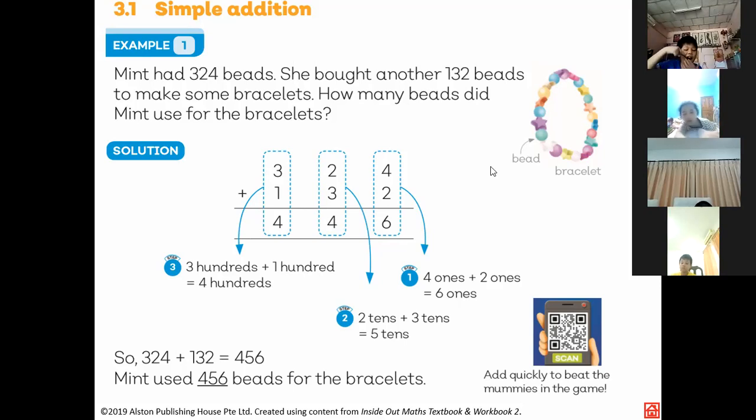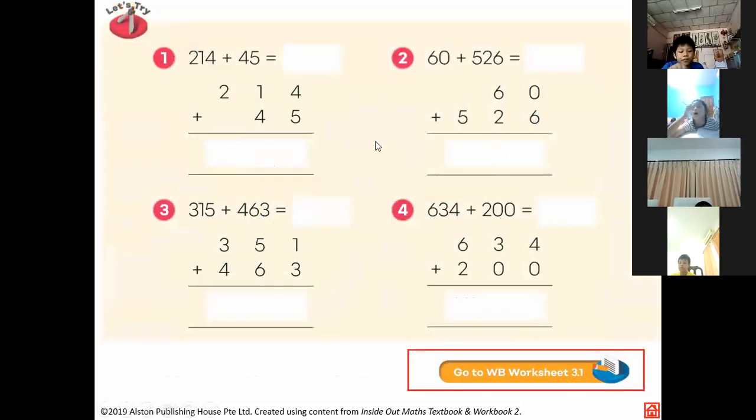Okay, next. Let's proceed to this example class. Let's try number 1, 2, 3, and 4. Who would like to give me the answer for number 1? We have 214 plus 45.